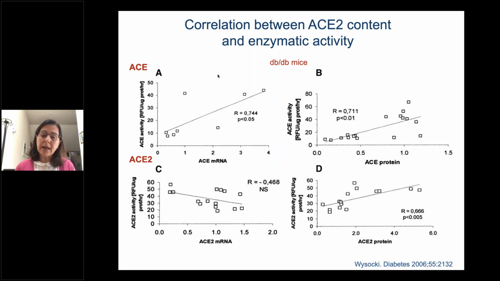As we can see in panels B and D, both for ACE and ACE2, there's a linear positive association between the expression levels and activity. Very interestingly, this significant relationship does not seem to hold true for ACE2 messenger RNA and ACE2 activity, as we can see in panel C.